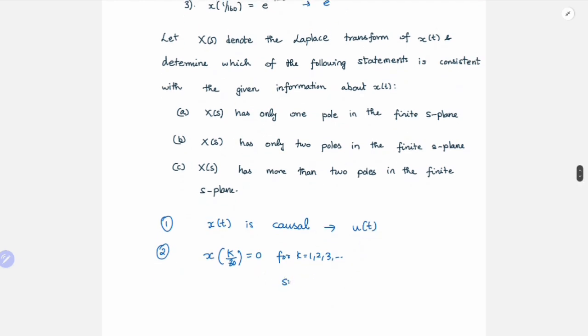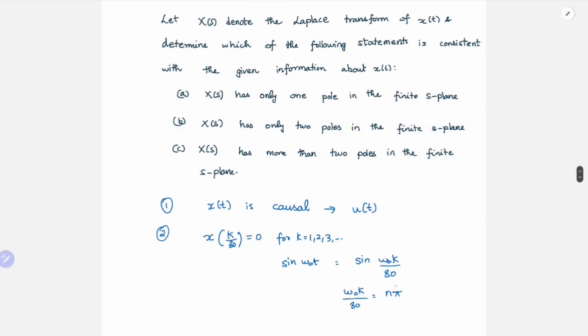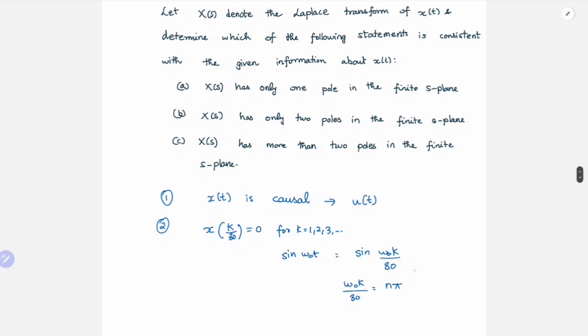Let's say some sine omega naught t, let's take. And if I substitute t with k by 80, sine omega naught k by 80. Then my omega naught k by 80 equal to n pi, right? It should be equal to 0. This x of t itself should be equal to 0.